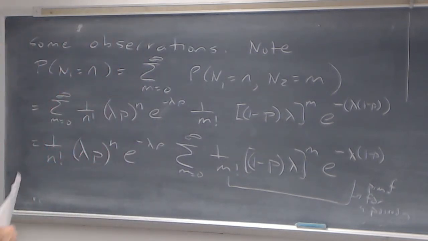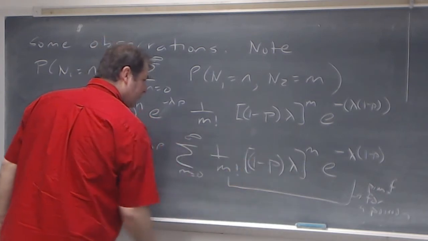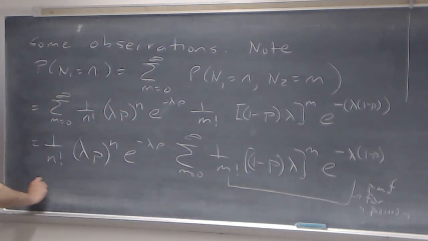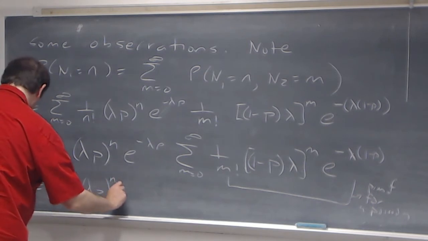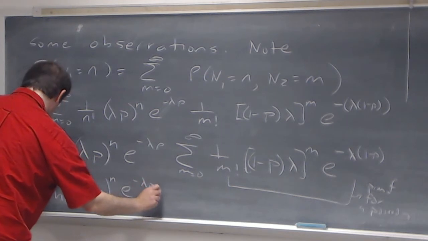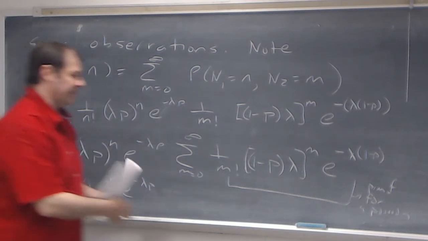So when you sum the PMF as m runs from 0 to infinity, you just get 1. So this is equal to 1 over n factorial, lambda p to the n, e to the minus lambda p. This is the PMF for N sub 1, and when you look at it, this is the PMF of a Poisson random variable. So let me write that down.